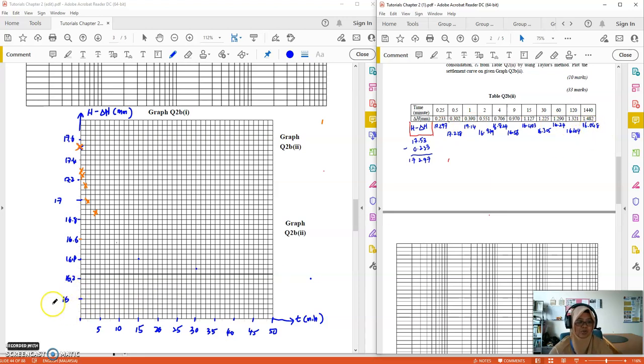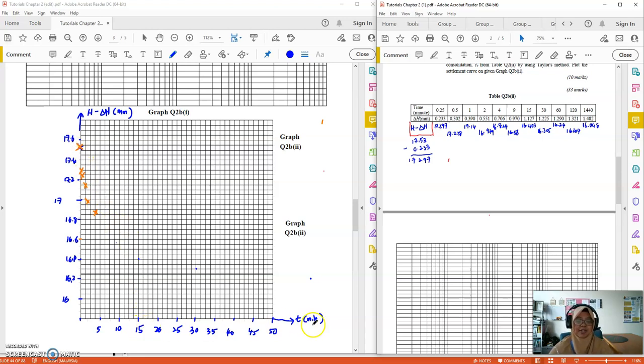So I try to include 16 to 17.6, the maximum one, because the initial height is 17.53. So I put at least 17.6. No need to go higher. Including at least the initial height of the sample is already enough.